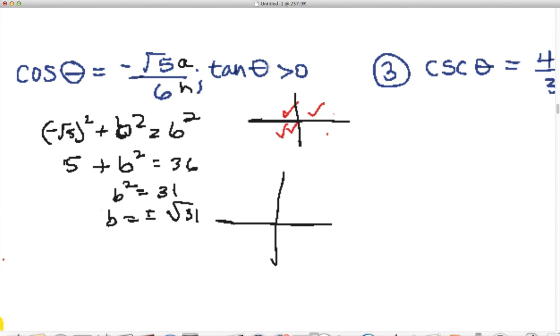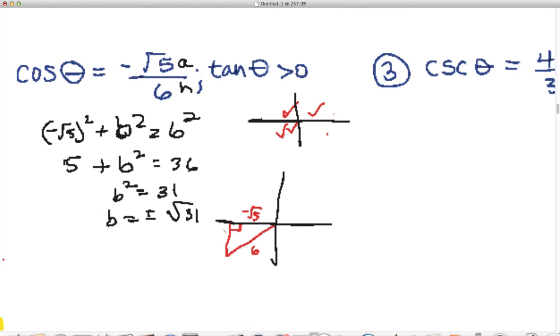So when I draw the triangle, I am going to use the x-axis always. And we know the hypotenuse is 6. And the hypotenuse is always positive. And then we know that the adjacent leg is negative root 5.